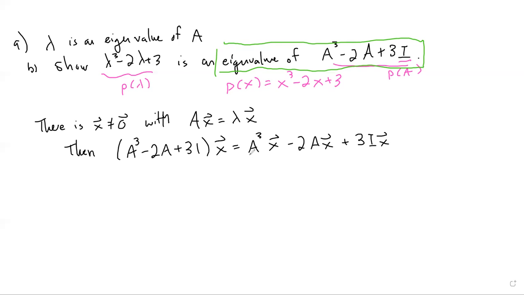So A cubed x, I'm going to just kind of work that out on the side. So this is A times A times Ax, right? That's what A cubed is. And each Ax is going to turn into a lambda x. And the lambda, I can just sort of pull to the front and keep doing it, so I've got my lambda, lambda, lambda x.